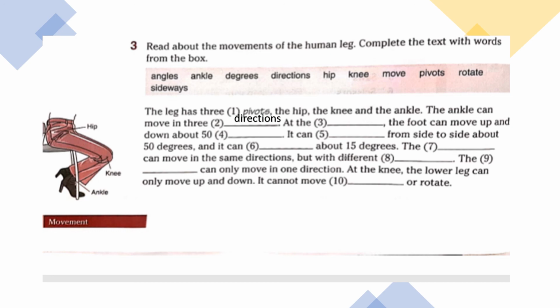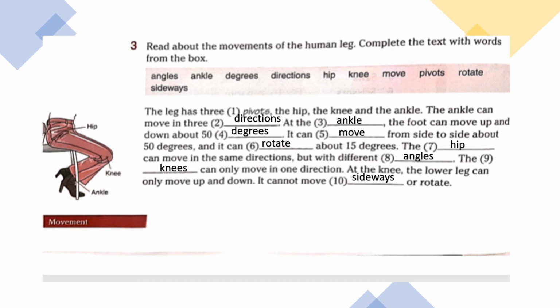Number 3, ankle. 4, degrees. 5, move. 6, rotate. 7, hip. 8, angles. 9, knees. And finally 10, sideways.